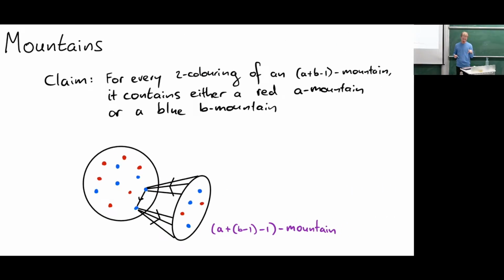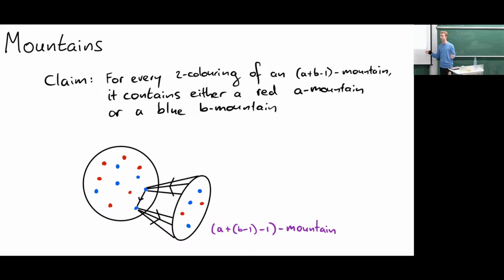Well, then we look at an arc that connects 2 of these blue vertices. There exists some R minus 1 mountain that witnesses that this is heavy. And this is an A plus B minus 2 mountain, or an A plus B minus 1 mountain. So by induction, that contains either an A red mountain.